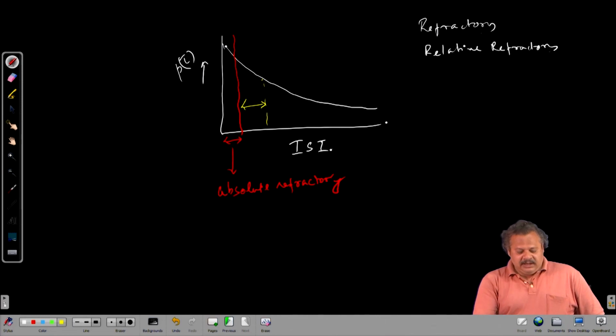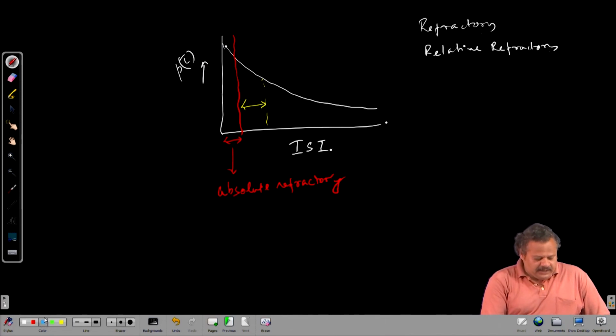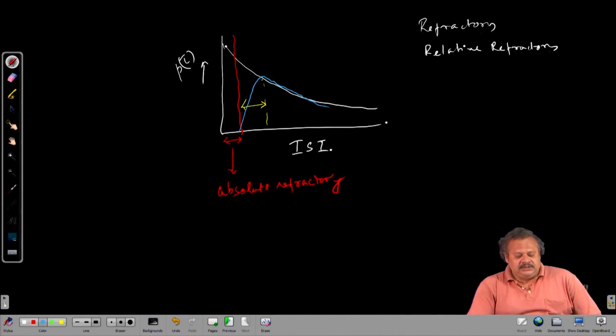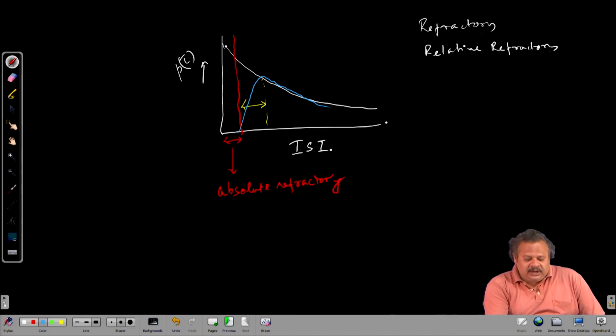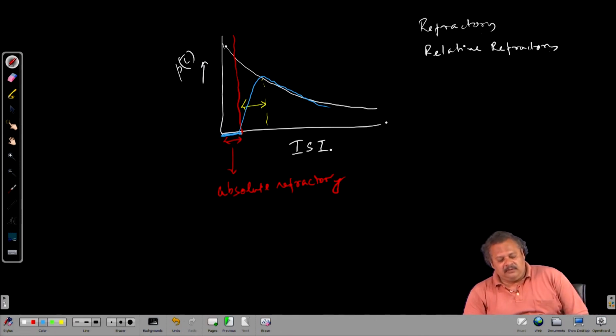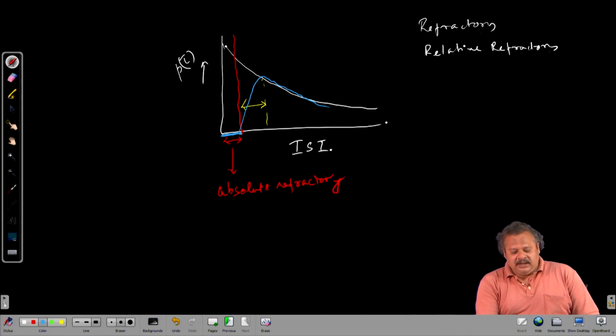So the interspike interval distribution finally follows something like this: exponential, with a dead time for the absolute refractory period, and a recovery period due to relative refractory, and then it follows the exponential distribution.